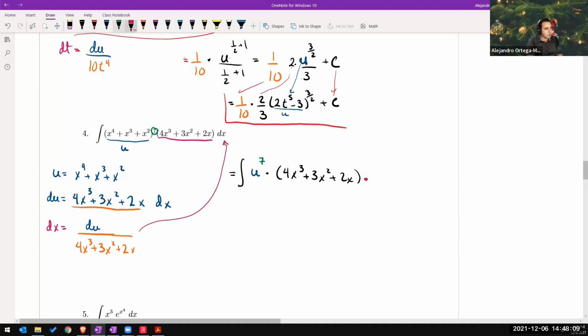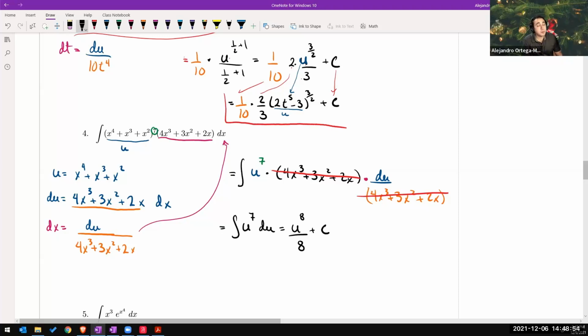So times a du over 4x cubed plus 3x squared plus 2x. And it cancels. Excellent news right there. Because now the integral that we are left with is the integral of u to the seventh du. And now it just became a problem where we need to use the power rule for integrals. So we're going to get here a u to the eighth all over 8 plus c.